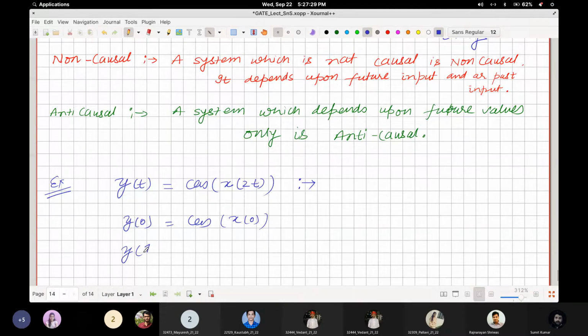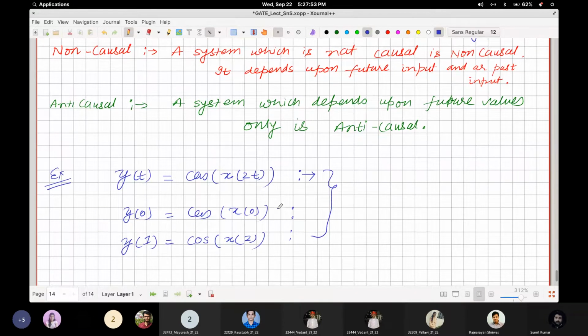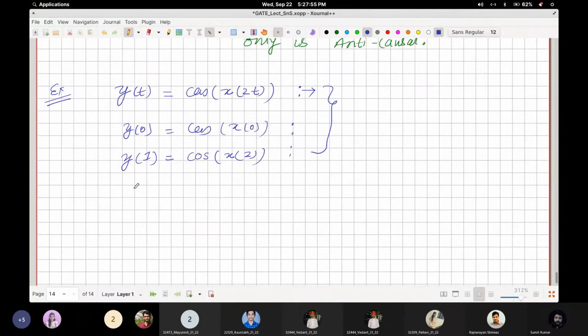Let's say y of 1. We always check y of 0, y of 1 and y of 2. This is going to depend on x of 2, isn't it? So for 1, is 2 in the future or in the past?